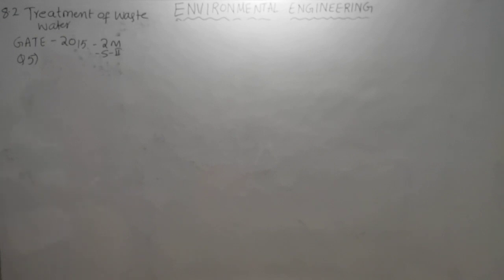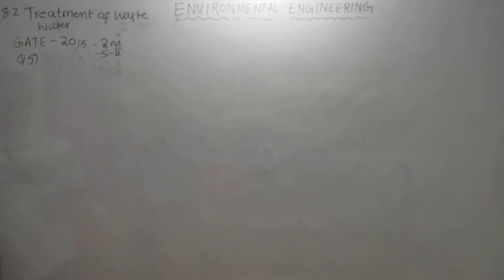In a wastewater treatment plant, a primary sedimentation tank is designed at an overflow rate of 32.5 meter cube per day per meter square. The tank is 32.5 meter long, 8.0 meter wide and has a liquid depth of 2.25 meter. If the length of the weir is 75 meter, find the weir loading rate.